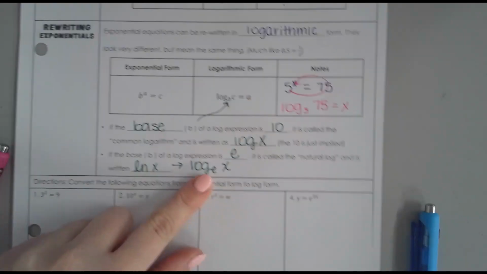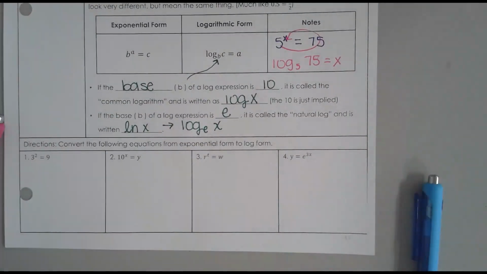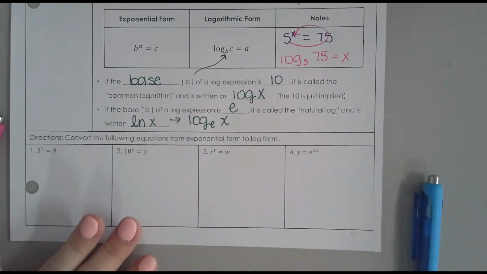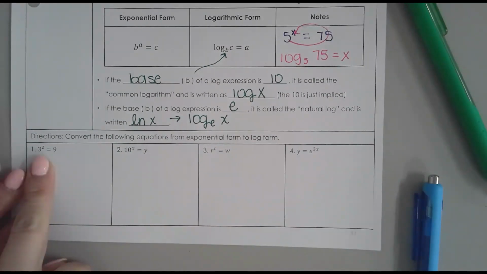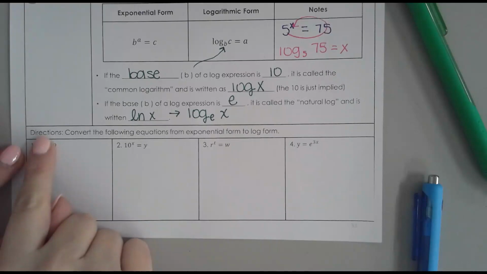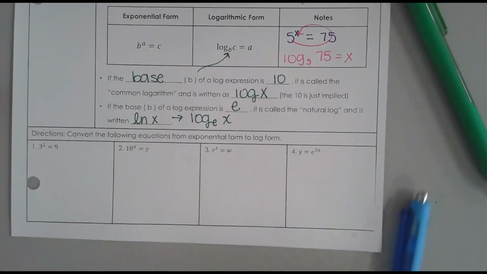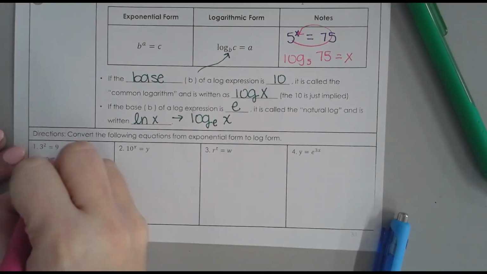What we're going to do right now is practice converting some of these from exponential to log. So we're just going to rewrite them. Now if you think about the swirl, you need to have the exponent part on the left. And so this would be log.